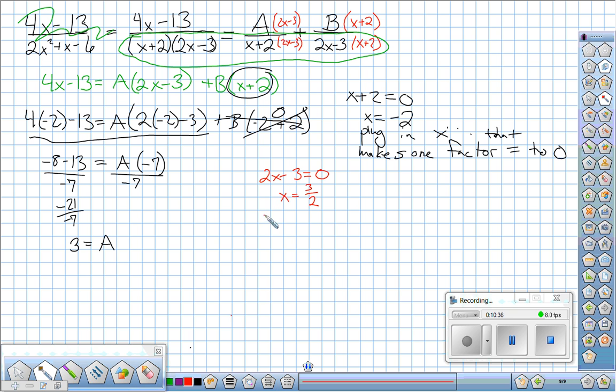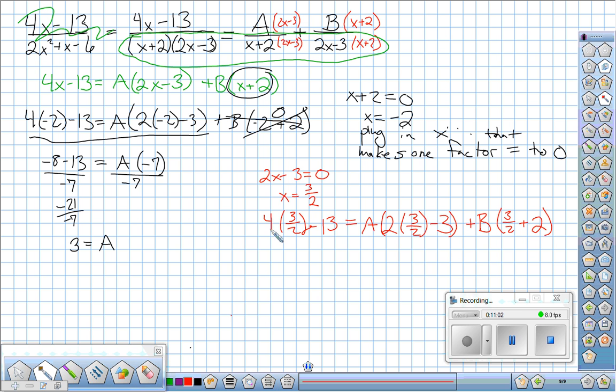So I will have 4 times 3 halves minus 13 equals A times 2 times 3 halves minus 3 plus B times 3 halves plus 2.